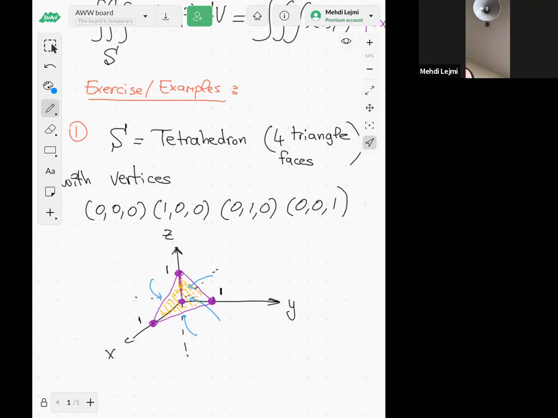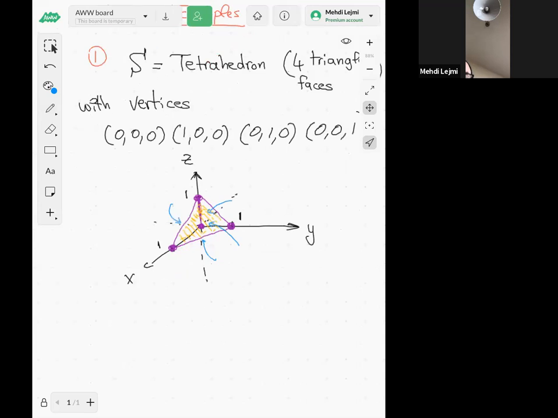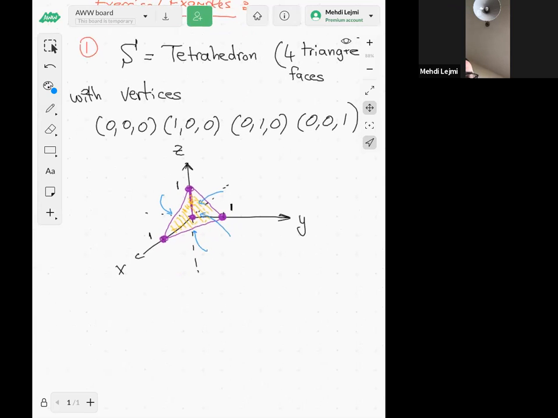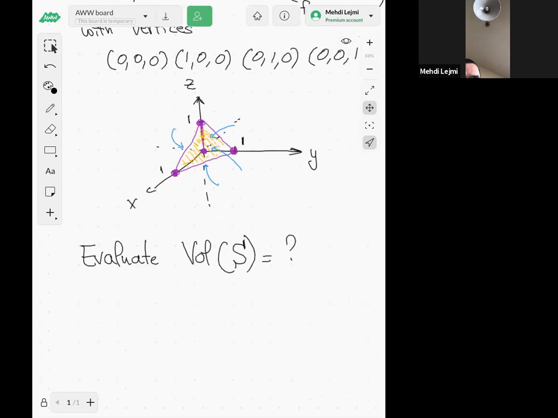So what we're gonna do, guys, is evaluate the volume of this tetrahedron S. Let me remind you, we discussed this when I introduced triple integrals on Tuesday.